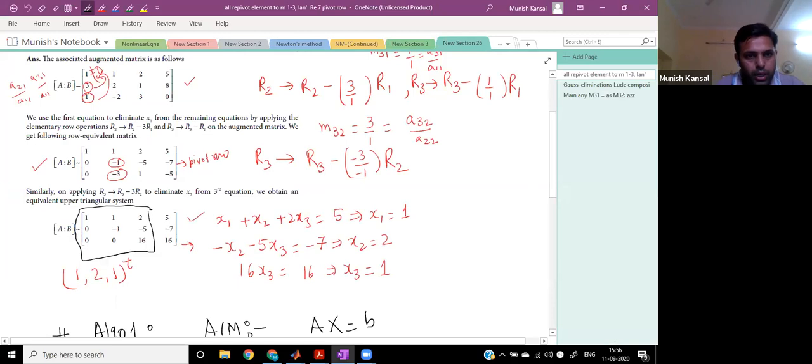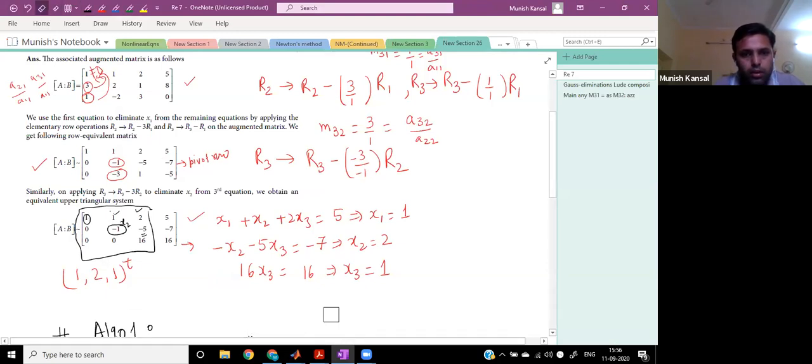Look carefully: this is multiplied with x2, then this is x3, okay? Similarly here, this is multiplied with x1, this is x2, x3. So what you are doing is calculating the ith variable, let us say this one, x2, right?